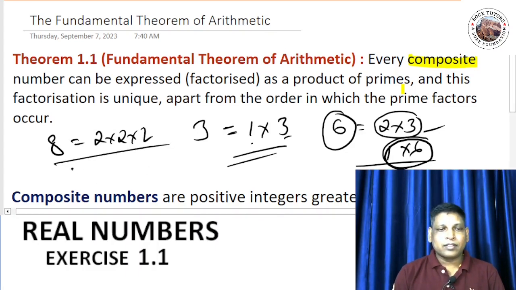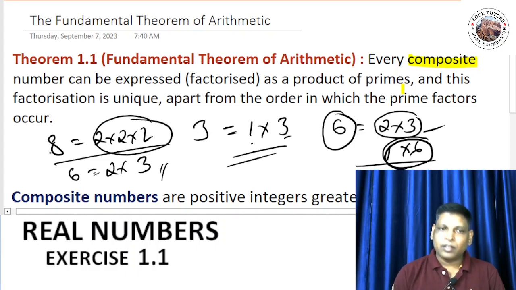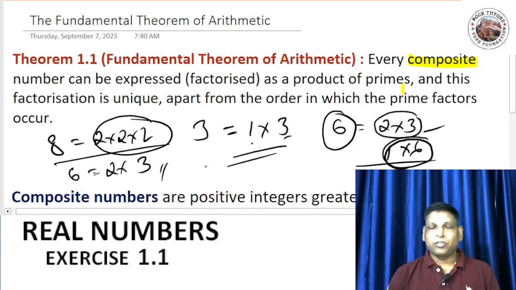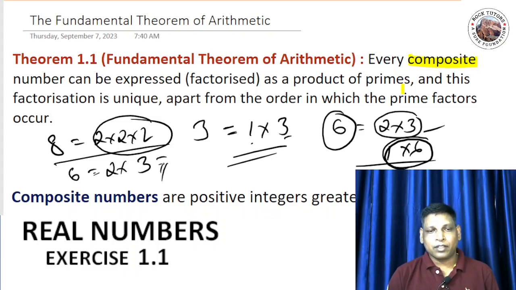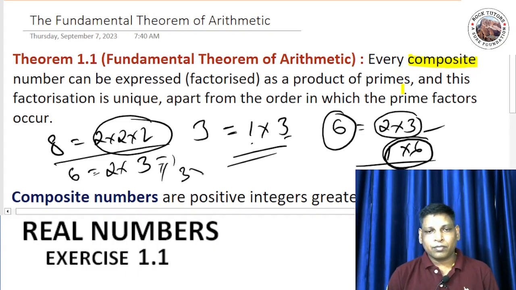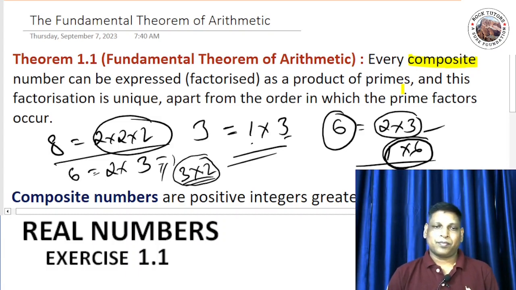For 6, 6 is equal to 2 into 3. So this is called uniqueness. 8 means 2 into 2 into 2 only. 6 means 2 into 3 only. I can change the order, so 3 into 2, but the same numbers, 3 and 2 only. So this is unique.